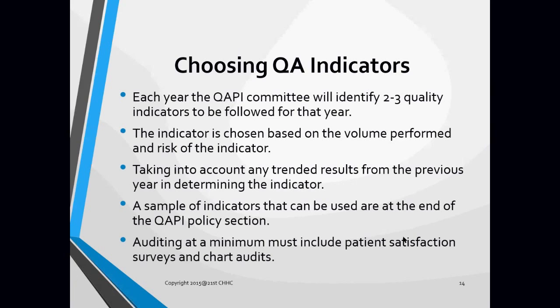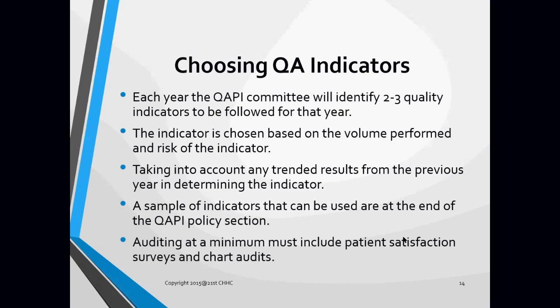When choosing these indicators, the committee will look at what type of volume is being performed and what risk you may have for that indicator. An example might be one of the requirements that the patient is admitted within 48 hours of the referral.